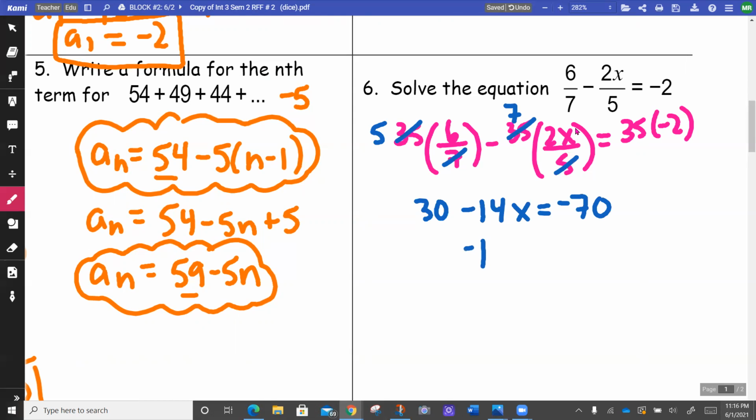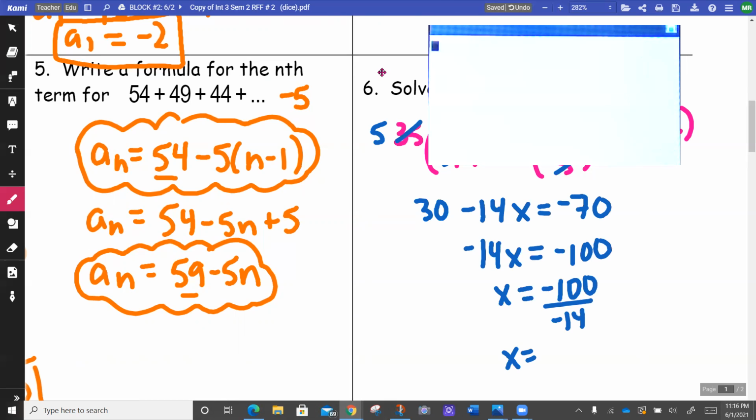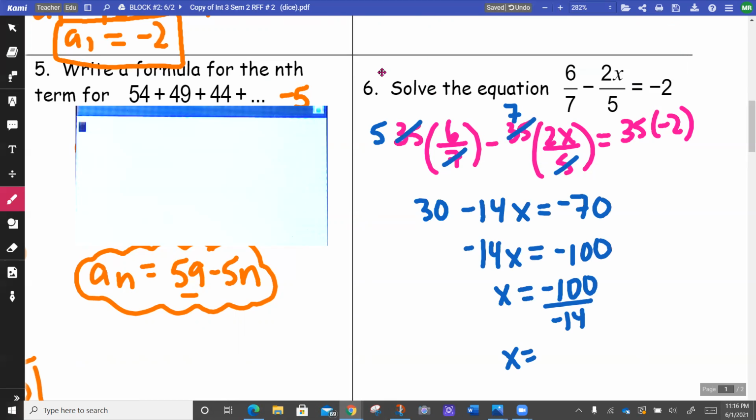So I'm going to get a -14x is equal to a -100. I'm going to divide, and I get -100 over -14. And if I want to clean that up, I end up with 50 over 7 as my answer.